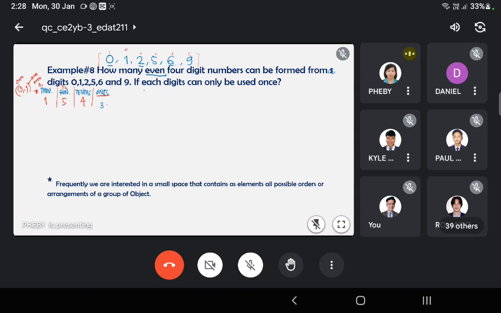So, 3. So, our n sub 1, n sub 2, n sub 3, and n sub 4 is 1 times 5 times 4 and times 3. So therefore, there are 60 possible ways or possible 4-digit even numbers.